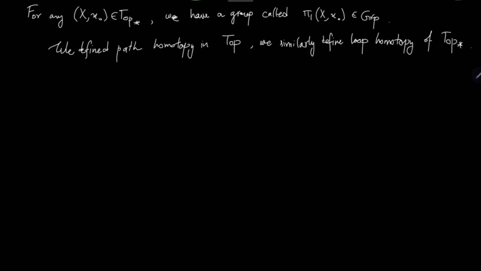So since we have path homotopy for topological spaces, we can have loop homotopy for pointed topological spaces. So what is a loop?